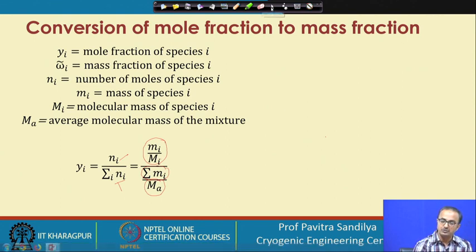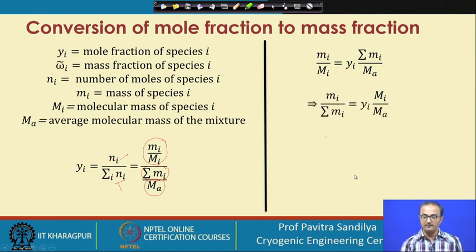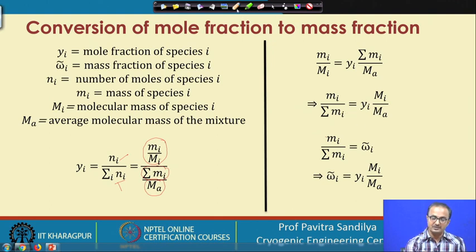Now, we will do some mathematical manipulation in this, where we write mi by m is equal to Yi into Mi divided by capital MA. And now we see that with this mathematical manipulation we again have this definition of the mass fraction.